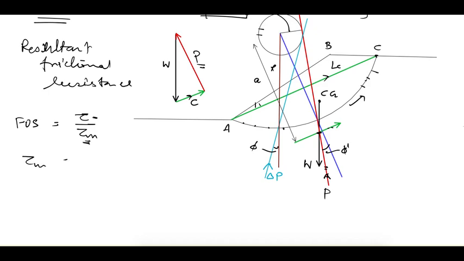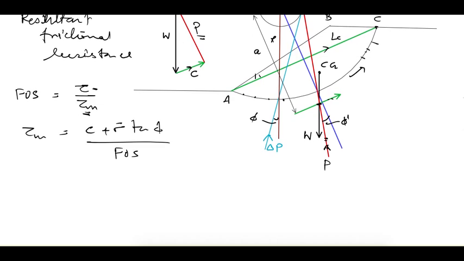From here, tau m is equal to (C plus sigma tan phi) divided by the factor of safety, and from here I can say that mobilized cohesion is equal to C upon factor of safety as we saw earlier, and similarly the mobilized internal angle of friction is given by tan phi m equal to tan phi upon factor of safety.